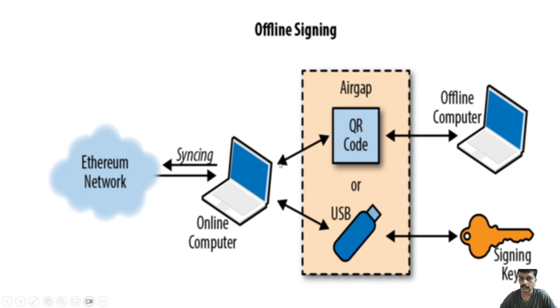For any of these things, you need a signature, you need a verification mechanism, and either you go through a hot wallet mechanism, which is very prone to different attacks, or you go with cold wallets, or specialized offline computer mechanisms, using the air gap, which doesn't relate to any of the internet protocols, and you will be able to sign the transaction. So there are different ways of doing offline signing. One is the air gap, or using the USB. So that's how it is.